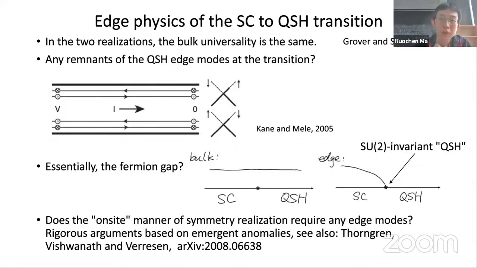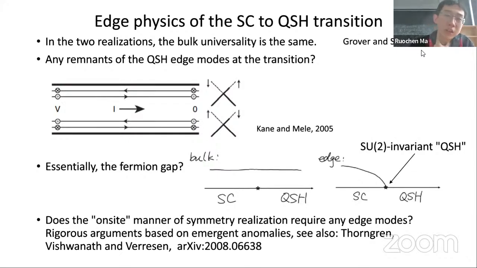Yeah, it has been established that such a phase transition can be realized in the bulk, and the criticality is roughly the same as that realized in the quantum spin model, and this was proposed by Grover and Senthil in 2008.